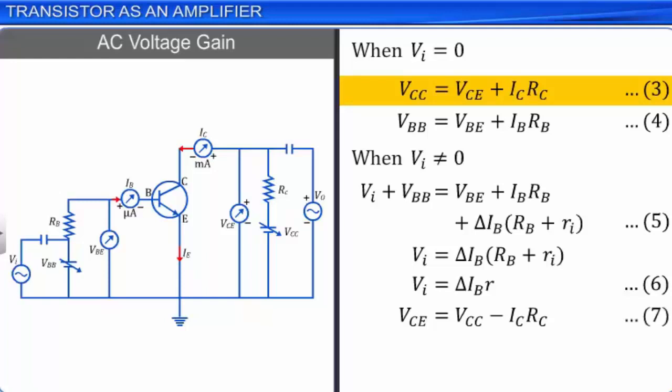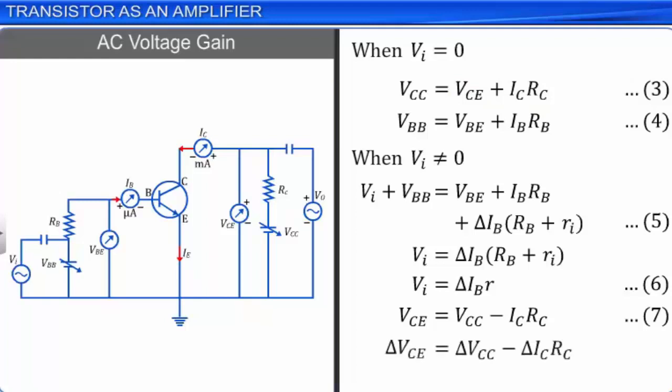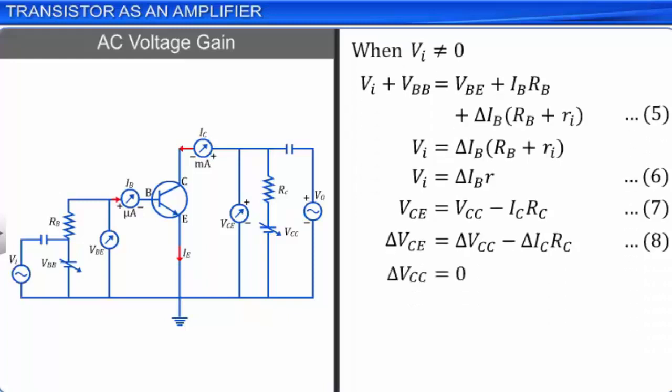Since VCC is fixed, delta VCC is equal to 0. Thus, a small change in VCE is given as minus delta IC into RC. The change in VCE is equal to output voltage VO. Then, VO is equal to minus delta IC into RC. Let this be equation 9.